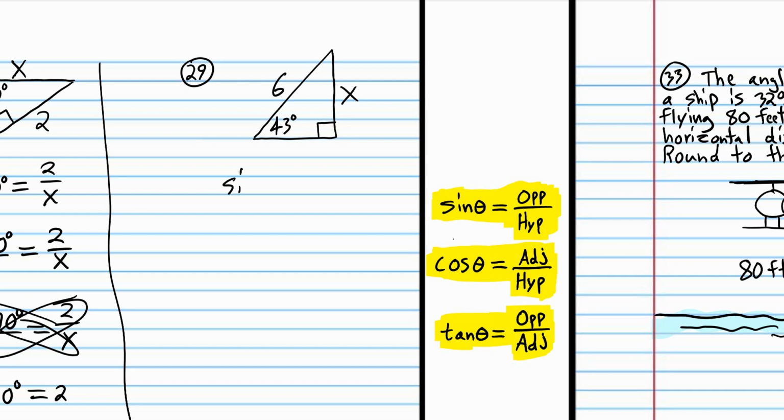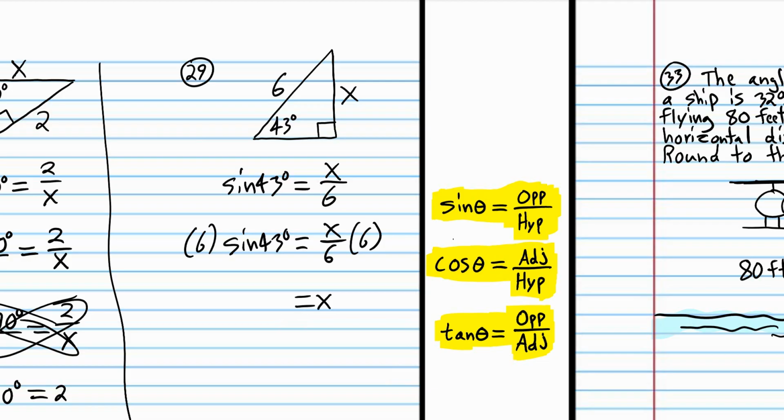All right, we're back. I'm going to try sine 43 degrees, and it turns out that that works. Opposite over hypotenuse. And I'm going to multiply both sides by 6 to isolate x. And we have x is equal to 6 times sine 43 degrees.